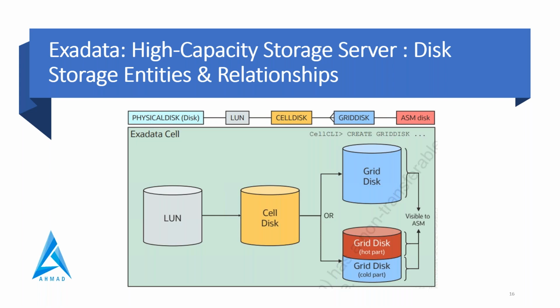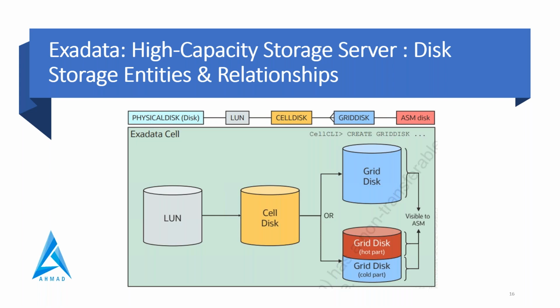When the entire cell capacity is required for a single database, or where it is difficult to clearly define hot and cold data sets, the Exadata cell administrator will usually define a single grid disk containing all the space on each cell disk. In the diagram, one or two grid disks are created from the space on a cell disk, but this does not constrain the limit to two grid disks on a cell disk.